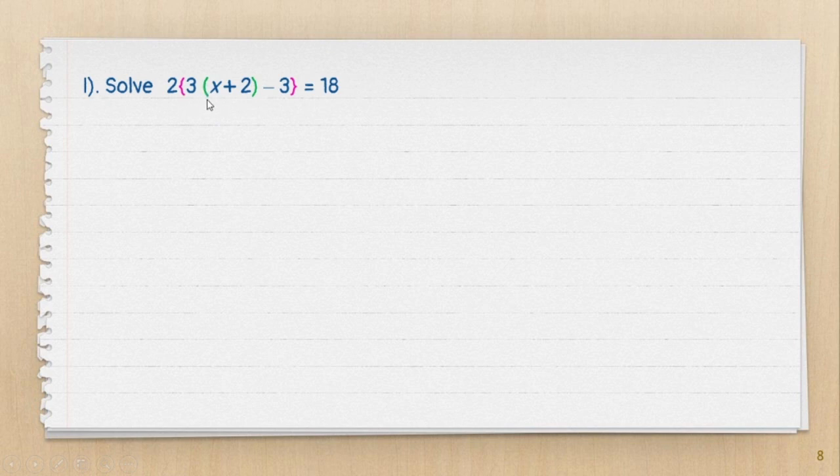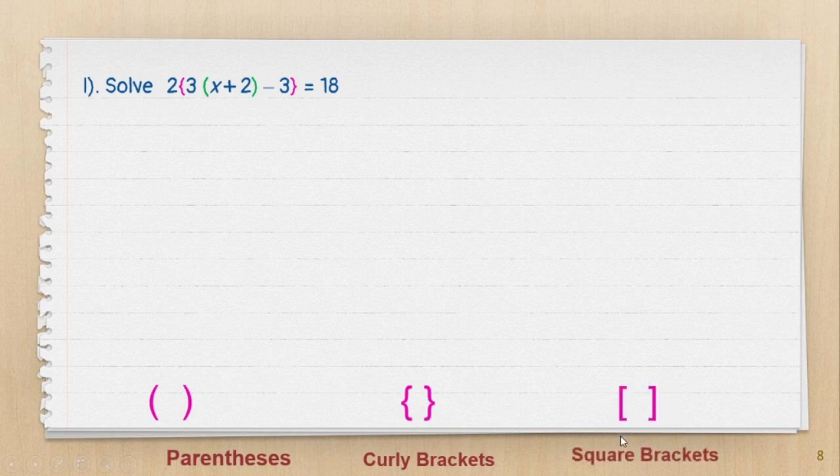Green color is parentheses, pink color one is curly brackets. When you are solving this type of equation, keep in mind when applying brackets, usually practice is to first use parentheses, then curly brackets, and finally square brackets. In this equation we use parentheses and curly brackets only.